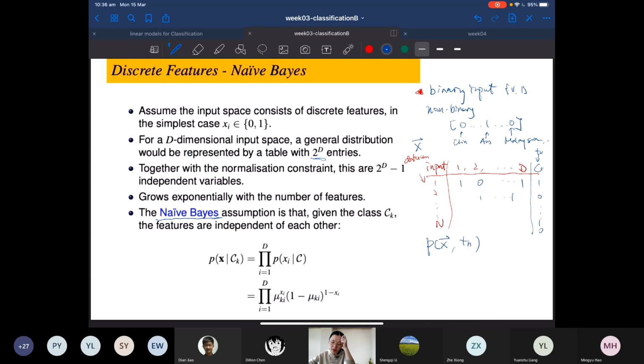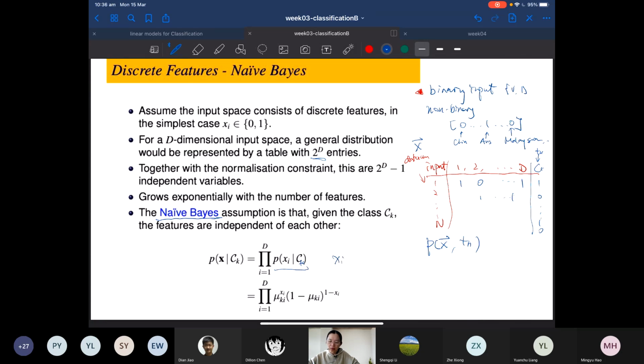It basically says the data likelihood of X given C is a product over its dimensions of P of Xi given the corresponding label Ck.